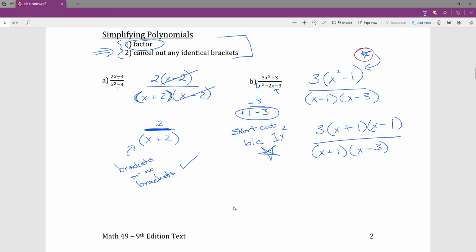They might be in brackets, or it might just be things that are the same. And so I'd cross out that x plus 1 and write my final answer as 3 times x minus 1 all over x minus 3. That is my rational expression in simplified form, in reduced, in lowest terms, if you think about fractions.